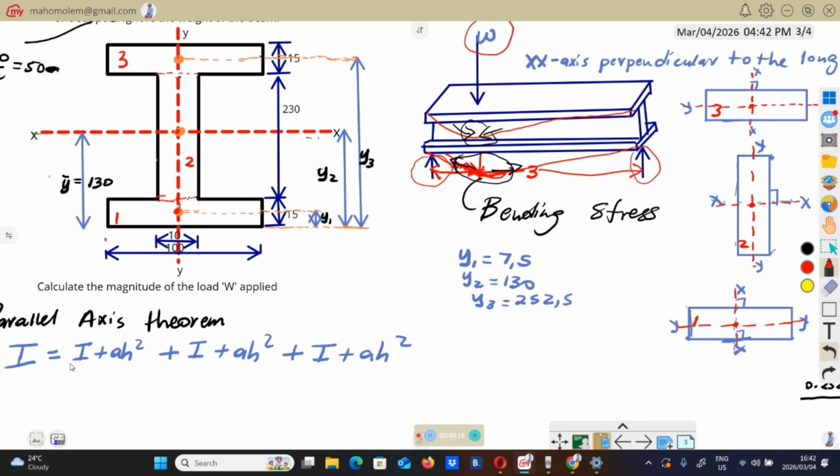So we're going to have three of these terms. Why? Because we've got three sections.